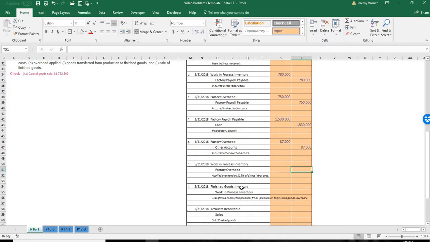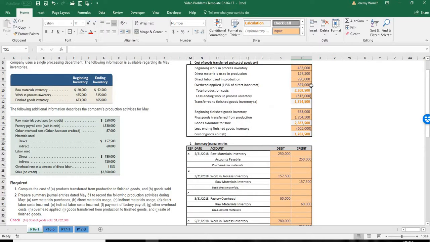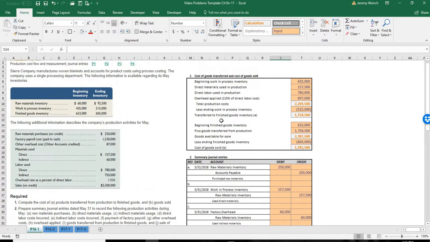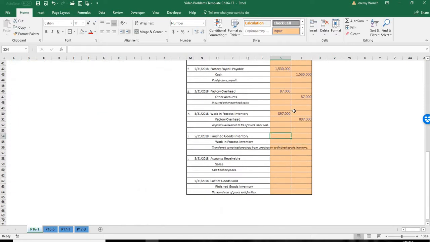Now we want to figure out how much overhead was applied, and we already calculated that up here at the 897. Now we want to transfer the goods that we finished from work in process to finished goods, and we calculated that up here at 1,754,500.